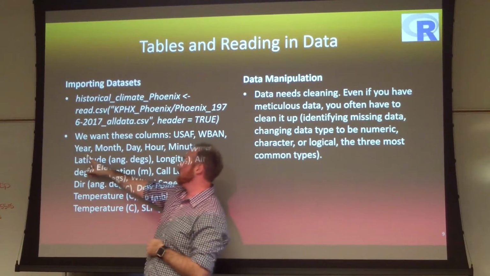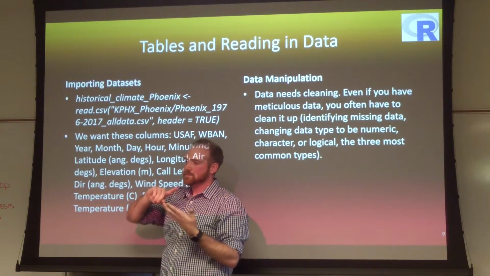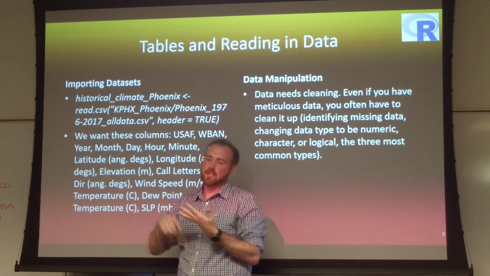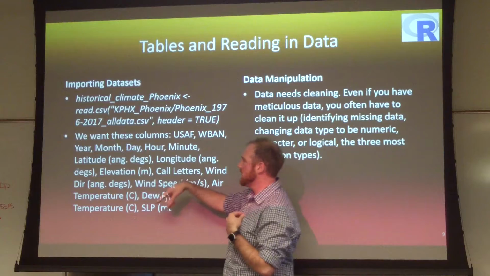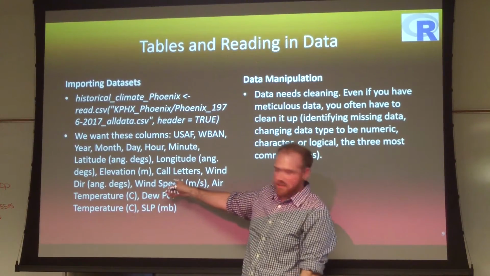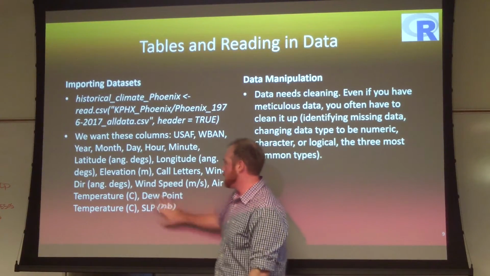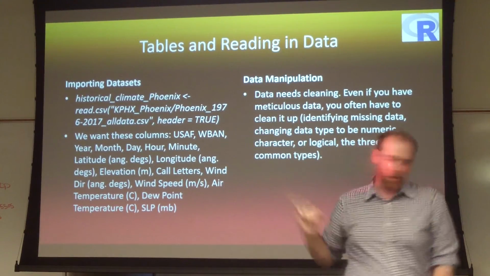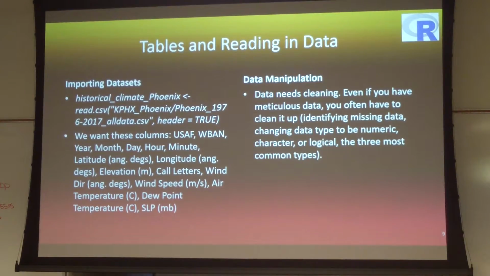This tells you for each observation what the year, month, day, hour, minute is. It gives you latitude and longitude, elevation, the call letters of the station, as well as some atmospheric data. So we're going to pull this data out and give it names so that we're just using the data that we want to use at this point.